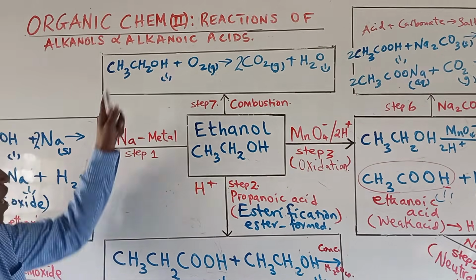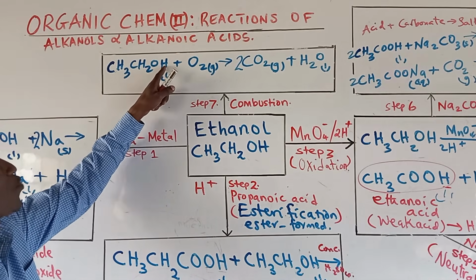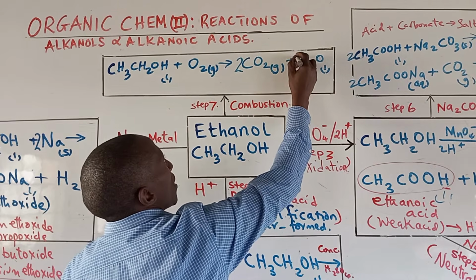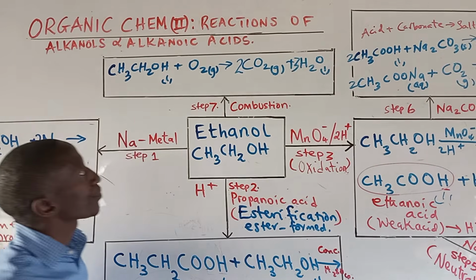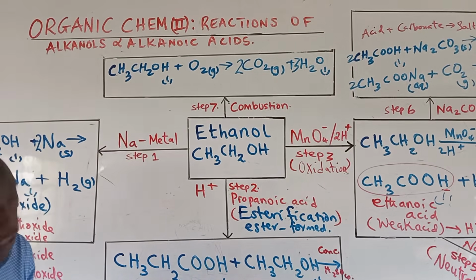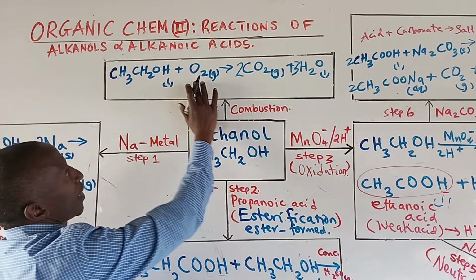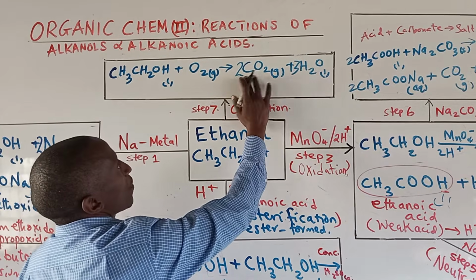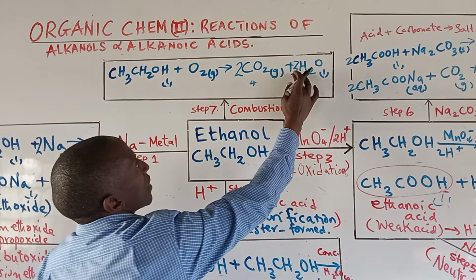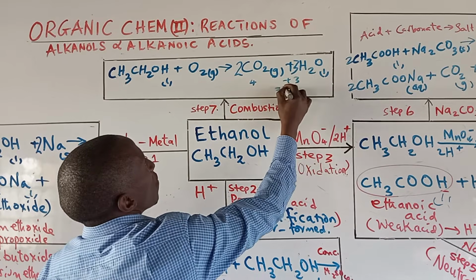How many hydrogens do we have on the reactant side? We have 3 plus 2 plus 1, that makes 6, so we can put a 3 at that point. And that creates for us oxygens which require to be balanced. On the product side, we have 2 times 2, that is 4, plus 3, that's a total of 7.